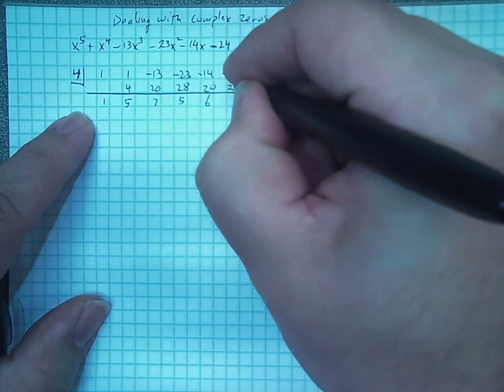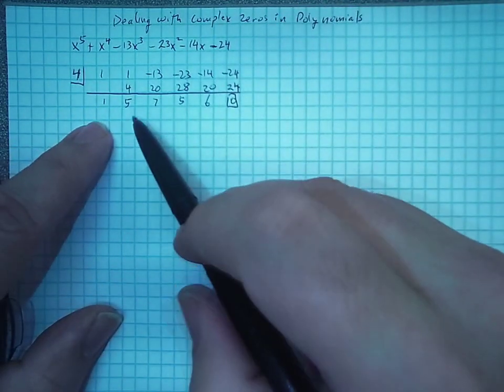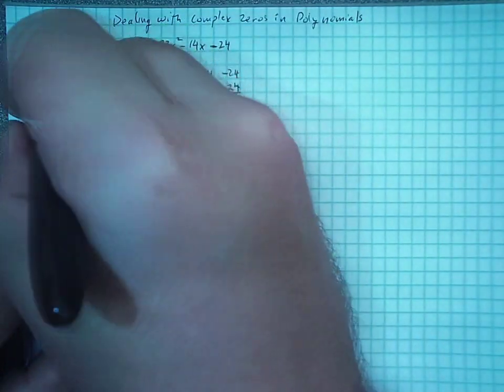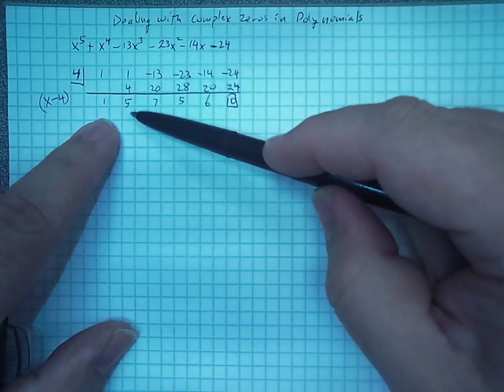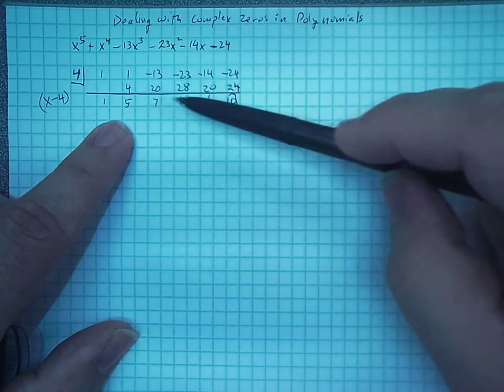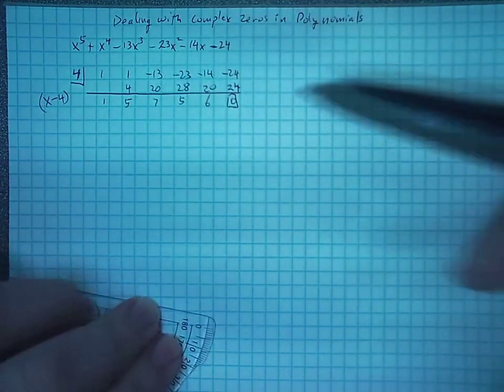Oh, I'm an idiot. That's 24, which makes 0. And I don't know why I thought that wasn't going to work. So now I have partially factored my polynomial, x minus 4 being the first factor there. The next factor being x to the 4th plus 5x cubed plus 7x squared plus 5x plus 6.